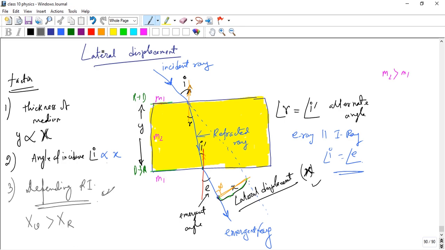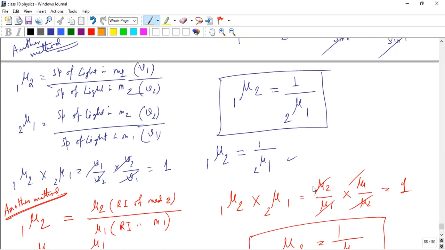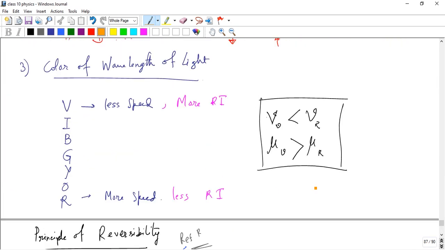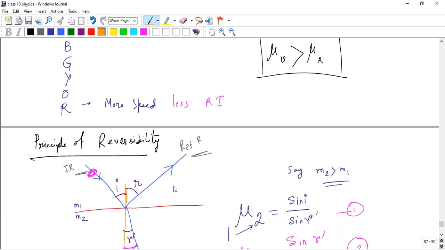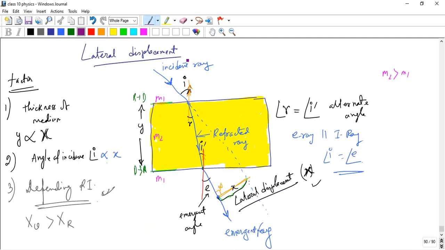Why? Because violet has more RI and red has less RI. So mu of V is greater than mu of R. Why?